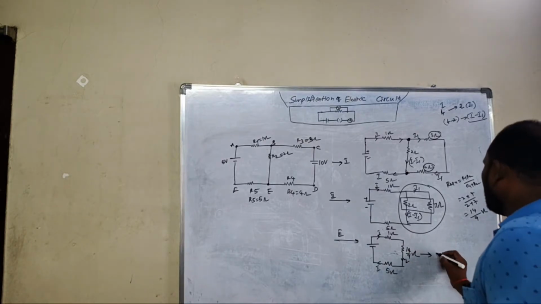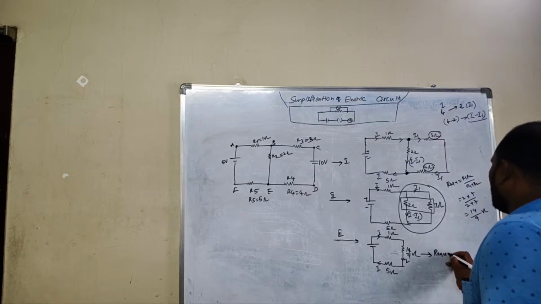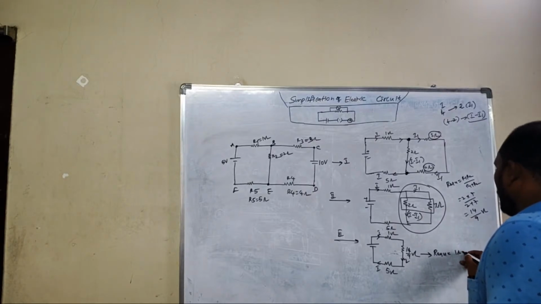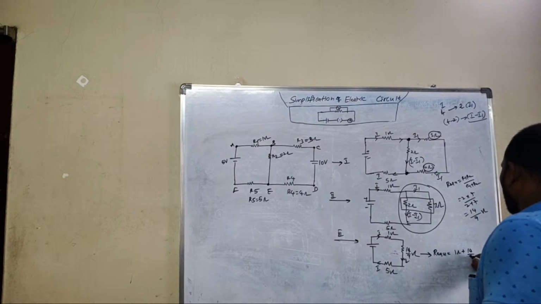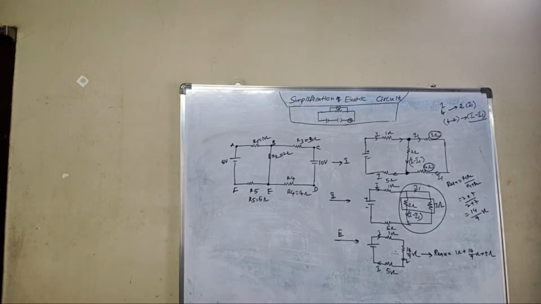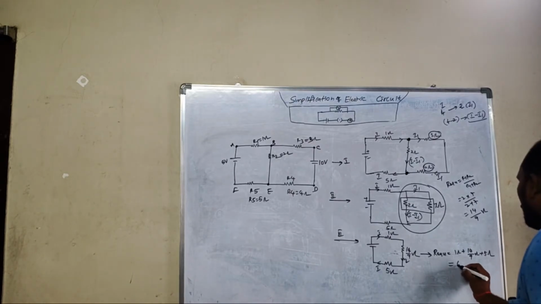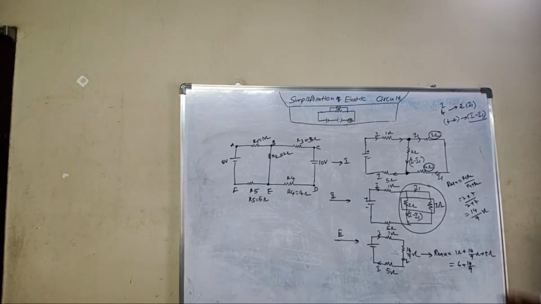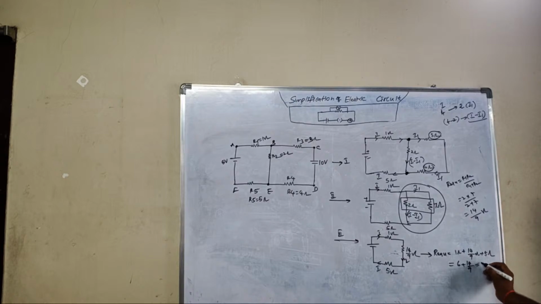So now what you have to do? R equivalent is equal to 1 ohm plus 14 by 9 ohm plus 5 ohm. So 1 plus 5 is 6, 6 plus 14 by 9. 9 sixes are 54, 54 plus 14 is 68, so it's nothing but 68 by 9 ohms.